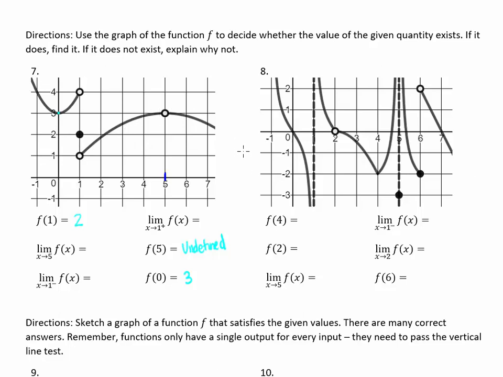Okay, so from the left it's equal to 3. From the right, we're going to do the same thing, get closer and closer to 3. So the left and the right are both approaching the same value, and therefore the limit as x approaches 5 is 3.